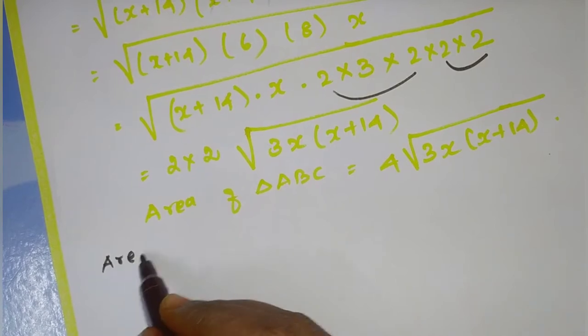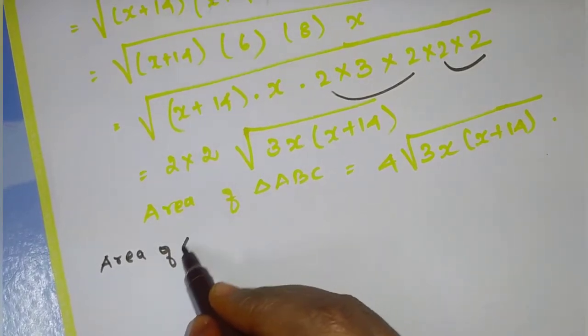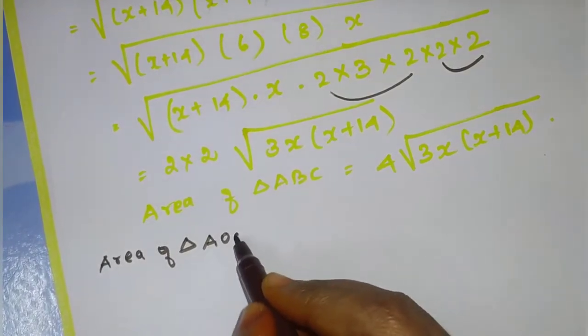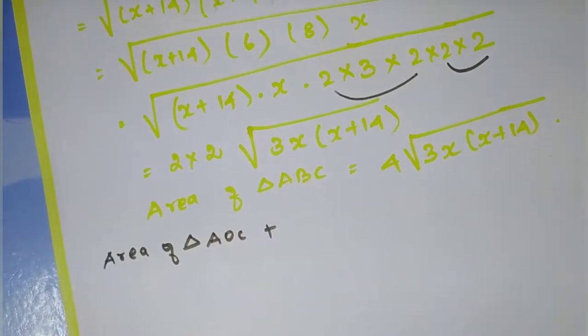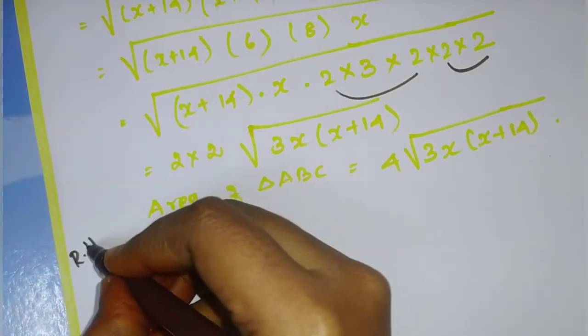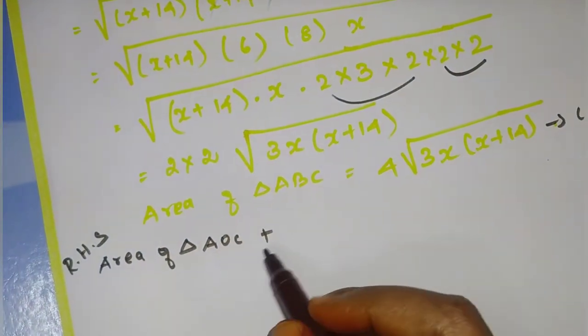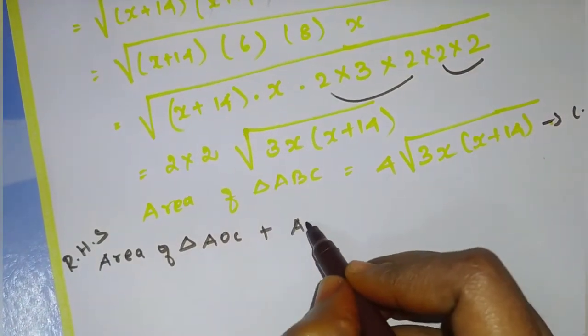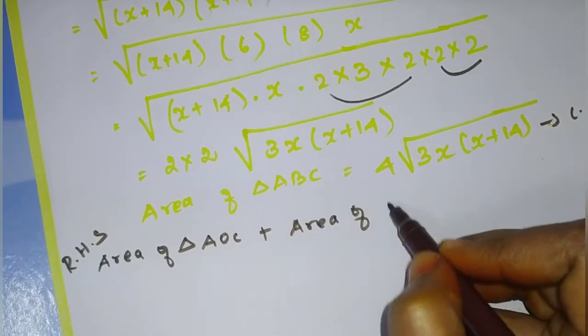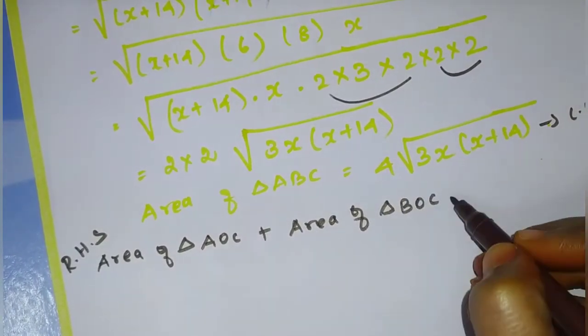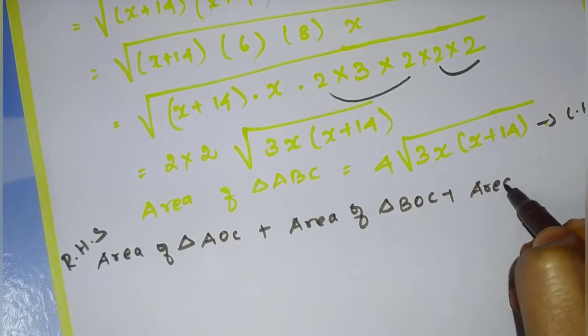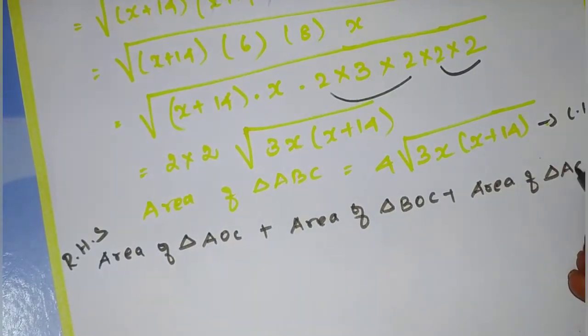First, area of a triangle AOC, that is RHS. I have taken RHS here. This is LHS. Area of a triangle AOC, area of a triangle BOC plus area of a triangle AOB.